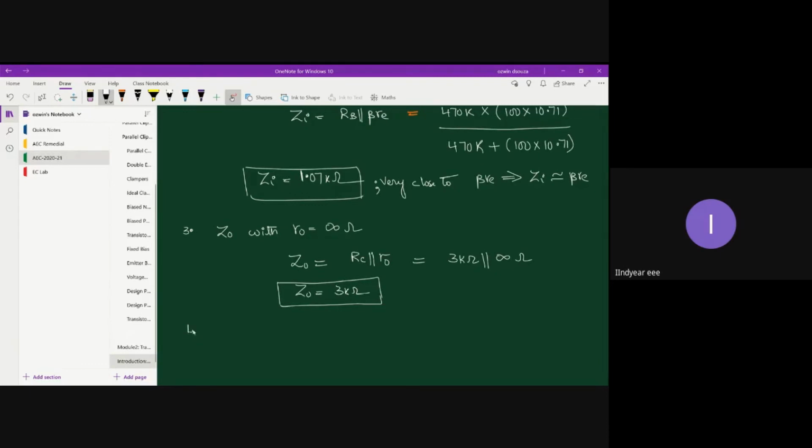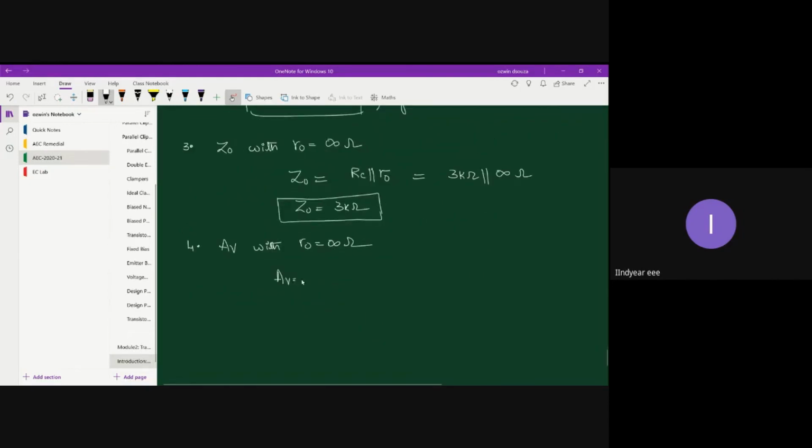And the fourth one is AV, with R0 equal to infinity ohm. So the expression for AV, let me just rewrite it, is minus I0 into Z0 divided by IB into ZI, or minus I0 is IC and Z0 is RC parallel with R0, divided by IB into beta RE.